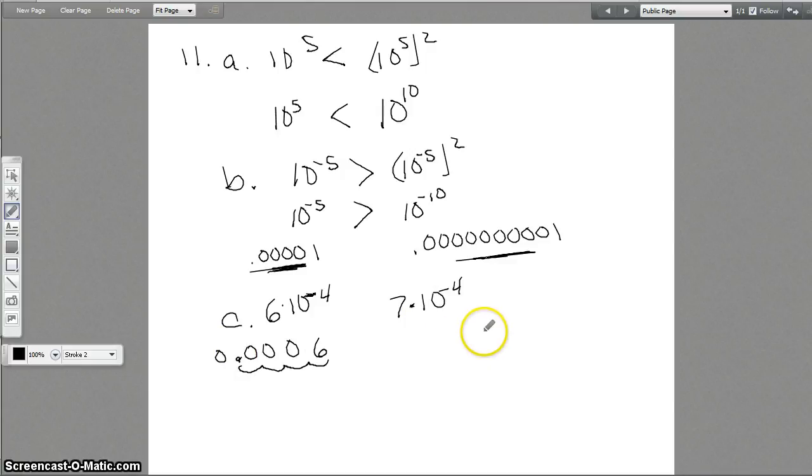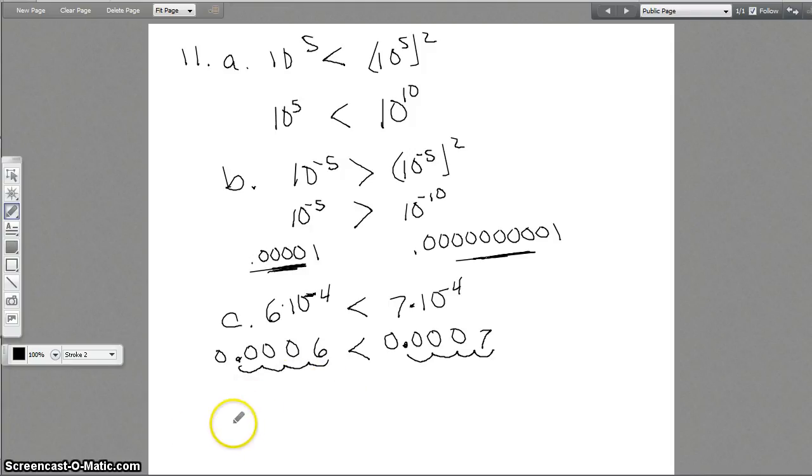And then our other number, we're starting with a 7, and we're going to move the decimal 4 places to the left. 1, 2, 3, 4. So we have 0.0007. So you can see that 7 times 10 to the minus 4 is going to be bigger than 6 times 10 to the minus 4. So our symbol is going to be a less than because 6 times 10 to the minus 4 is less than 7 times 10 to the minus 4.